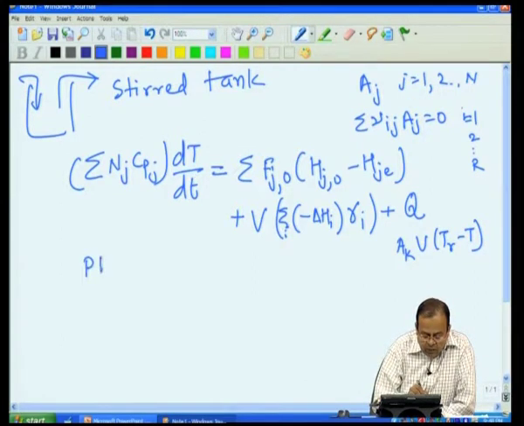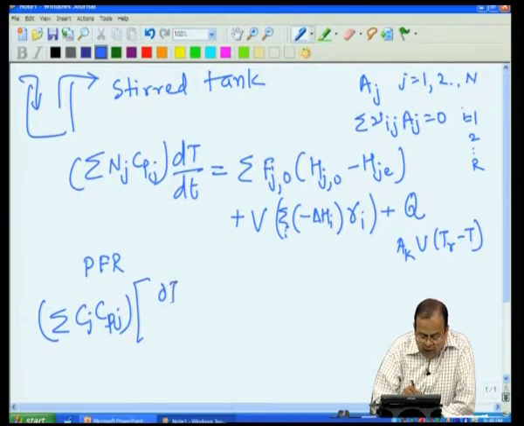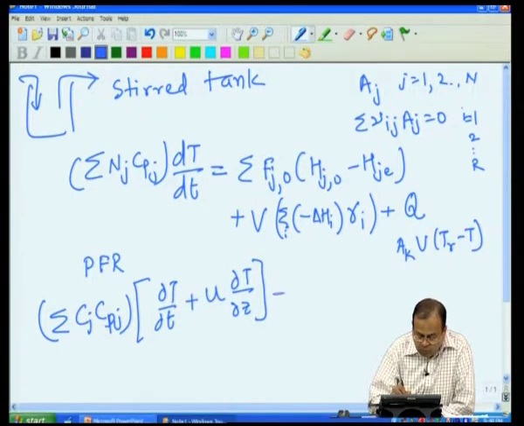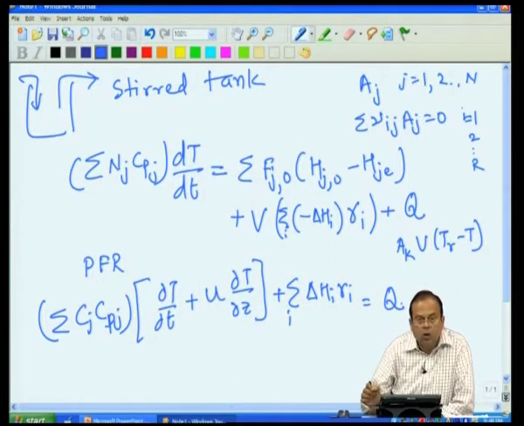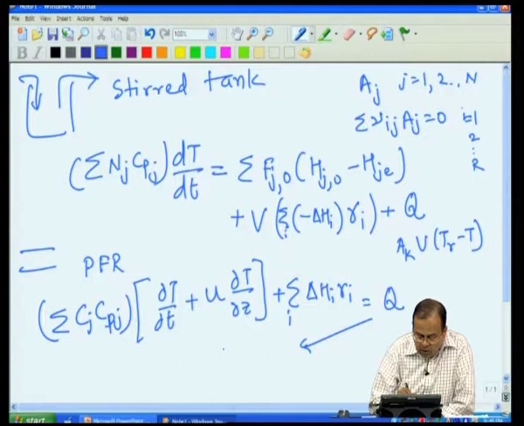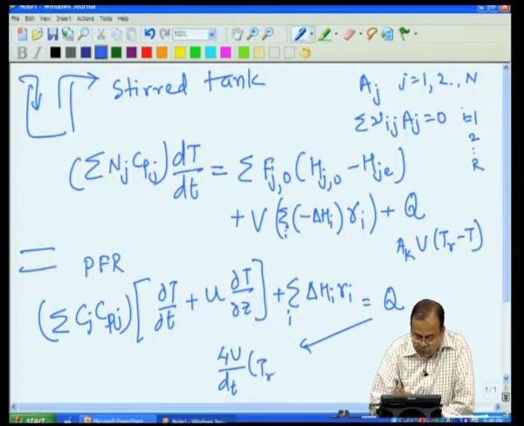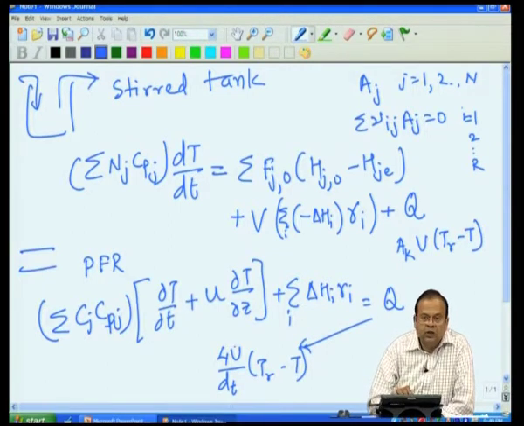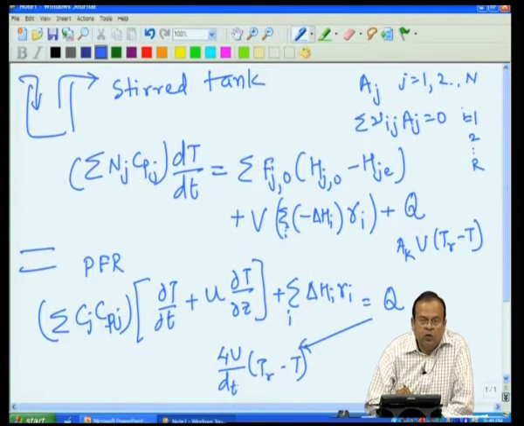We can also write the energy balance for a plug flow reactor in a very similar manner as summation Cj Cpj into, I am writing an unsteady state balance, plus, is equal to Q, where Q in a tubular reactor we can write as, where U is again the heat transfer coefficient, dt is the diameter of the tube, Tr again is the temperature of the media which is cooling or heating the reactants, and T is the temperature inside.